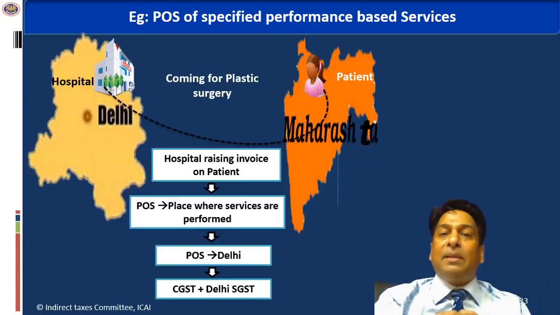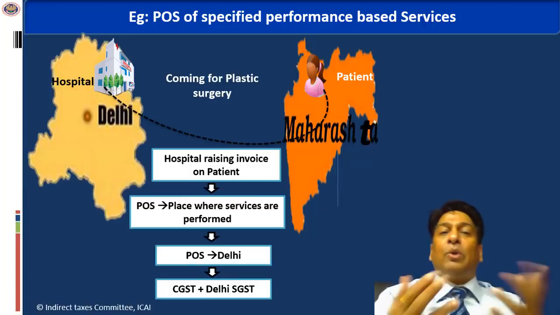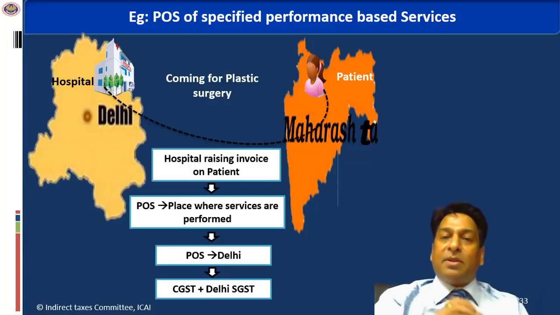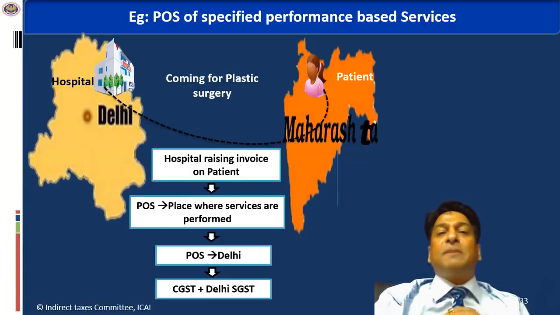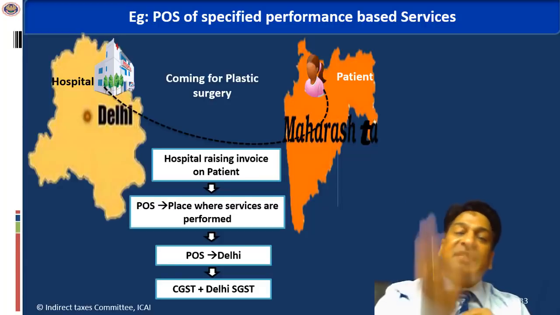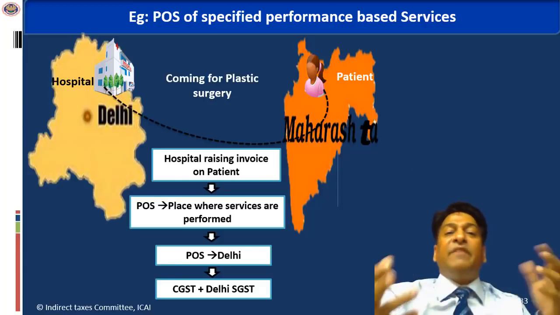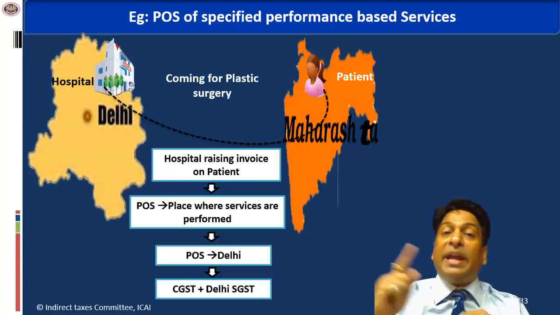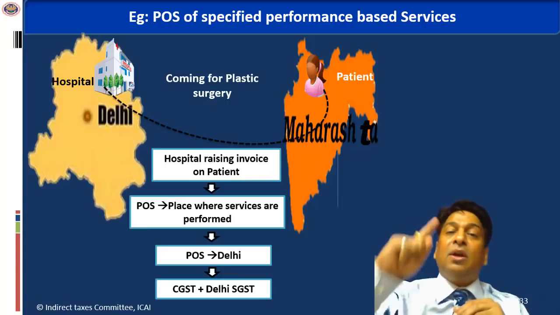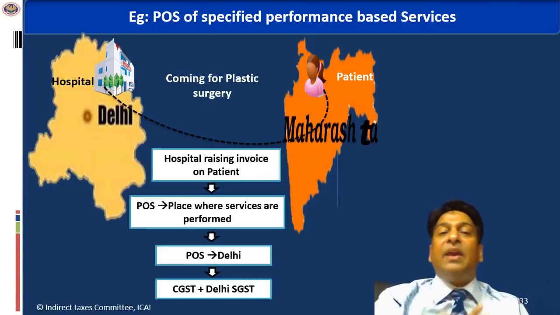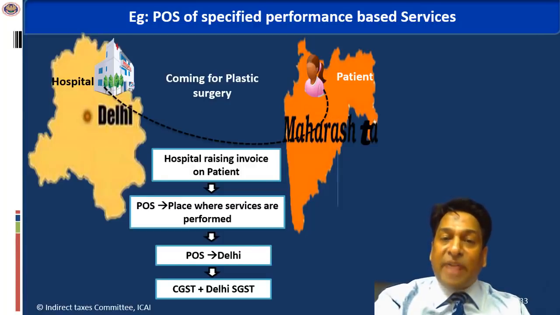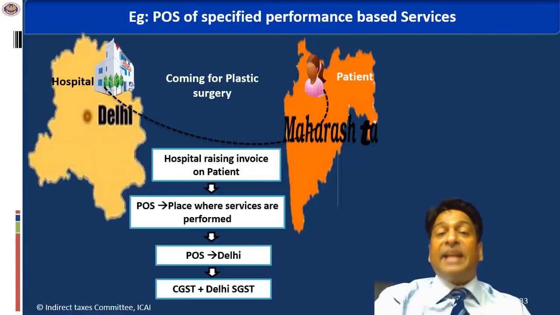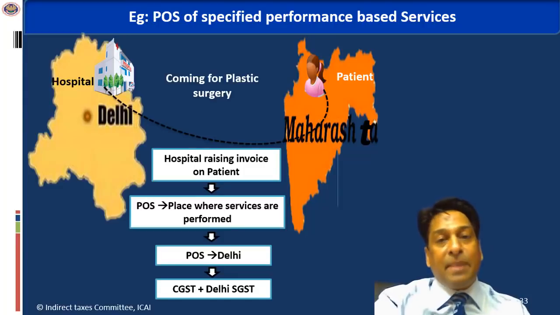In this example, the location of the supplier, which is the hospital in Delhi, and the place of supply, where these services are being given, is again Delhi, though it is for a customer or patient coming all the way from Maharashtra. The transaction would be intrastate, CGST and SGST leviable.